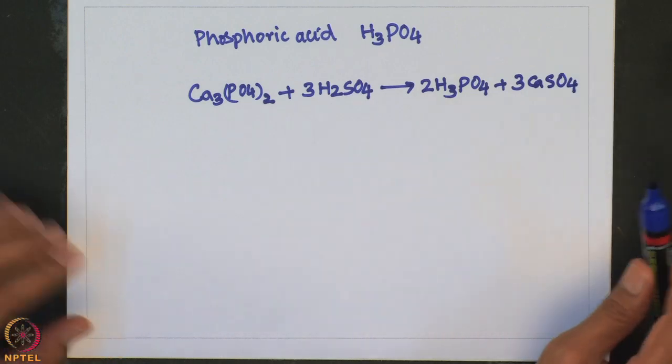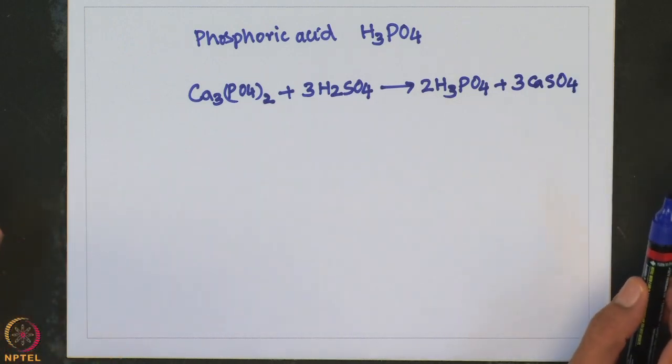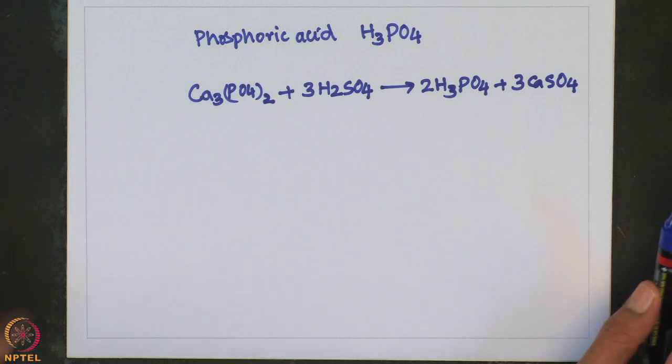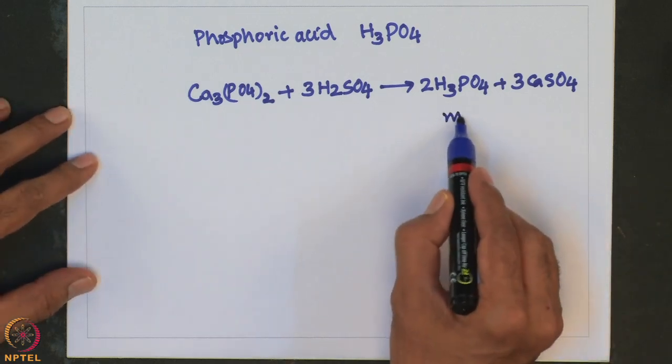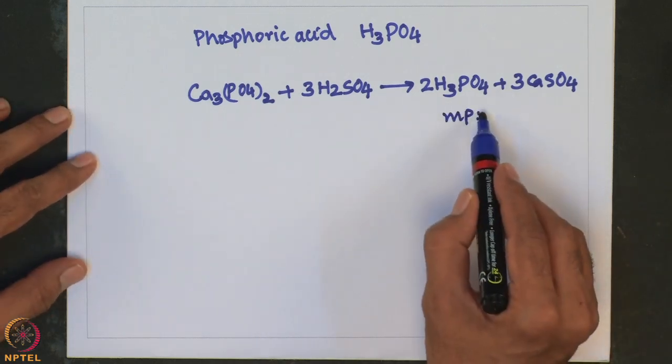Okay. So, pure acid forms deliquescent colorless crystals with melting point 315 Kelvin.